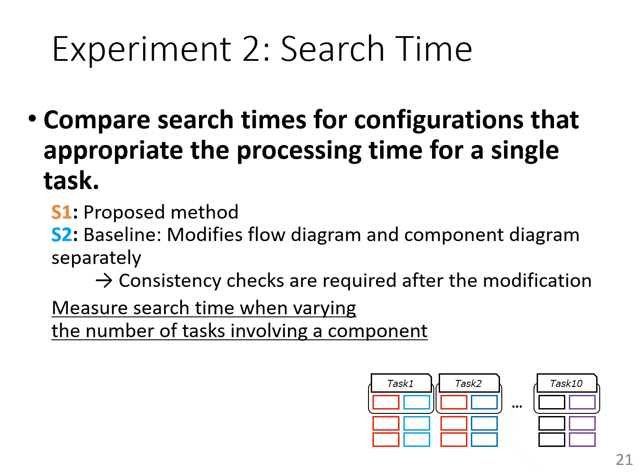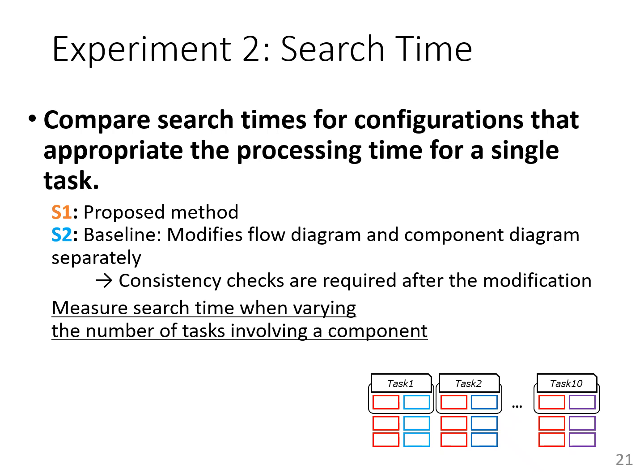The first one, named S1, is our proposed method, which uses component types and predicts processing time based on performance differences. The second one, named S2, is a baseline approach where both the flow diagram and component diagram are separately revised.